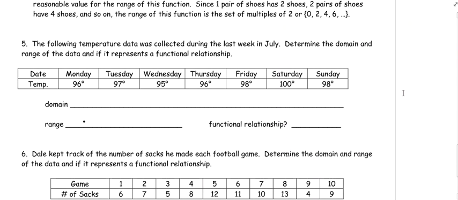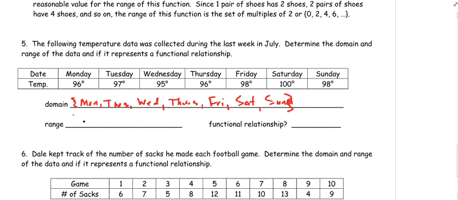Number 5. The following temperature data was collected during the last week in July. Determine the domain and range of the data and if it represents a functional relationship. So the domain is Monday, Tuesday, Wednesday, Thursday, Friday, Saturday, Sunday.